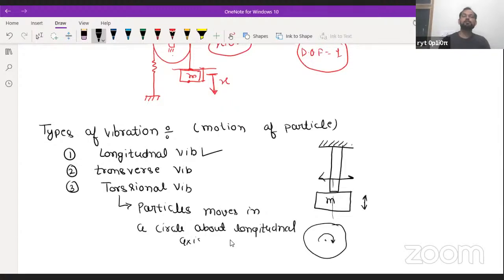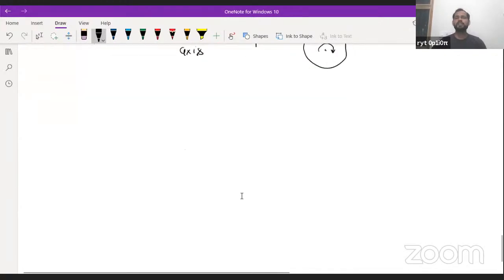Such type of vibration is known as torsional vibration. Fine. I hope these are very easy terms: longitudinal, transverse, and torsional vibration. Transverse vibration you will mostly see in case of a beam, so we will take one question on a beam also. Fine. So this is nothing but the types of vibration.